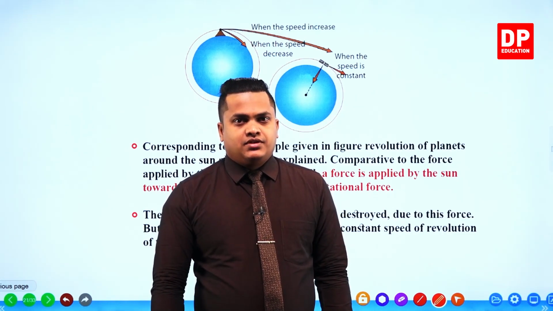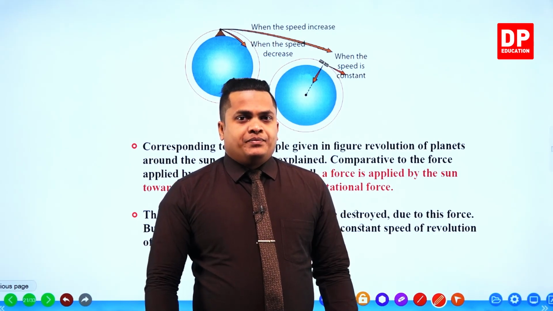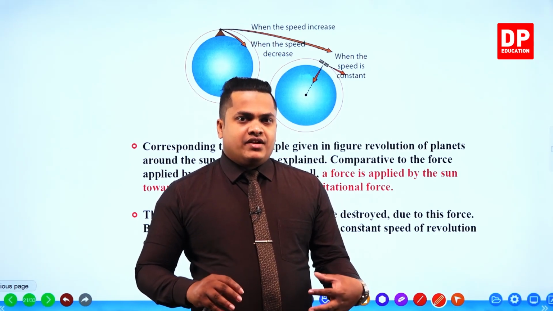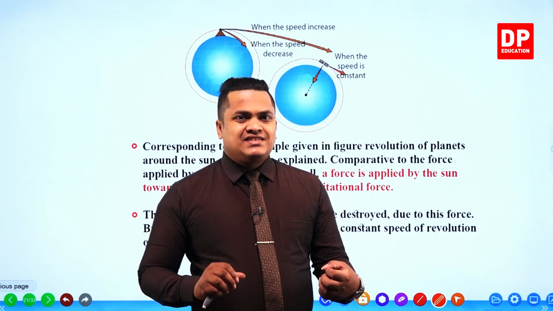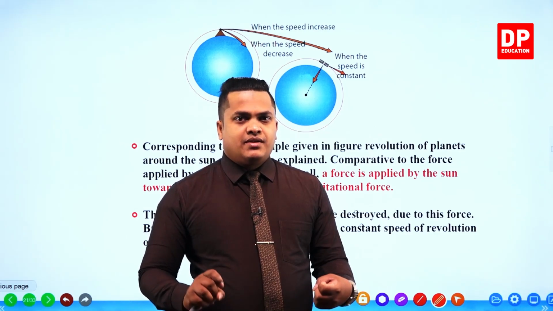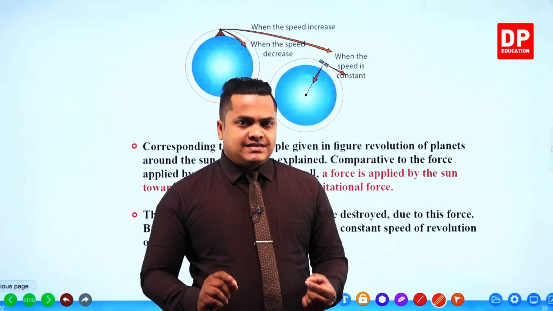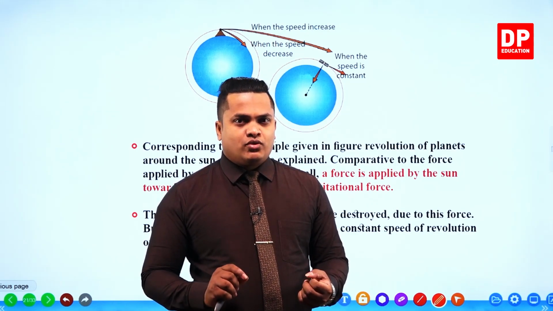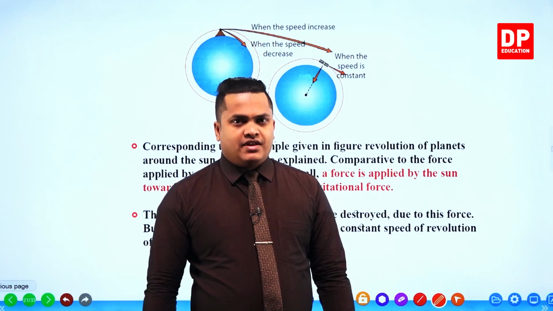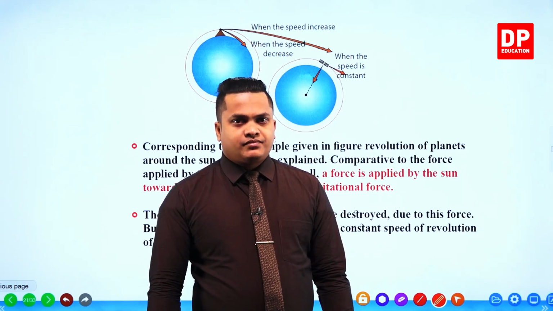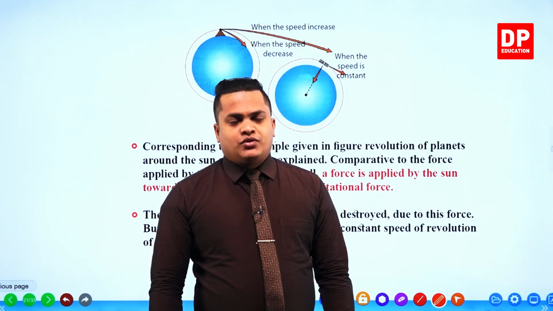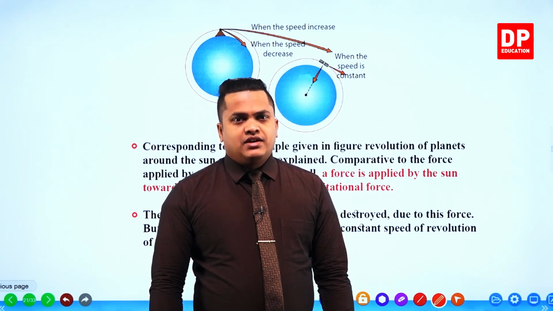If you take the ISS, the International Space Station, the same scenario can be observed. So each and every revolution that occurs in celestial objects, my dear children, happens because of the gravitational force. The same gravitational force is going to affect each and every object. So this is called the revolution.